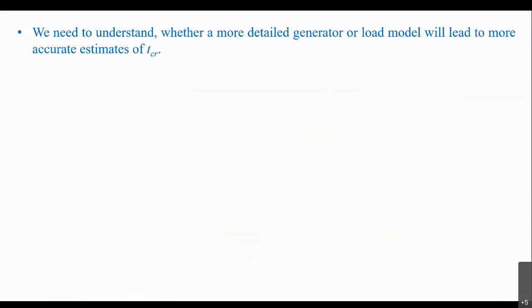Already we know this, and we need to understand whether a more detailed generator or load model will lead to a more accurate estimate of TCR, or whether the classical model alone is fine.